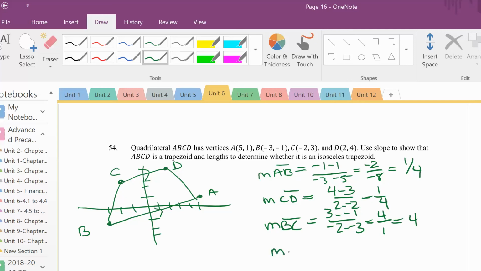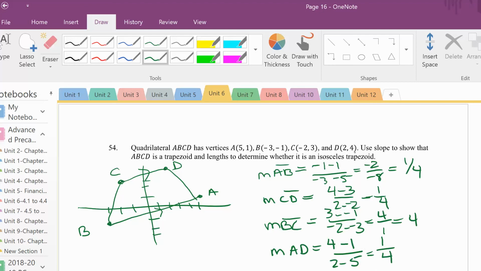And then the slope of AD is 4 minus 1 over 2 minus 5.